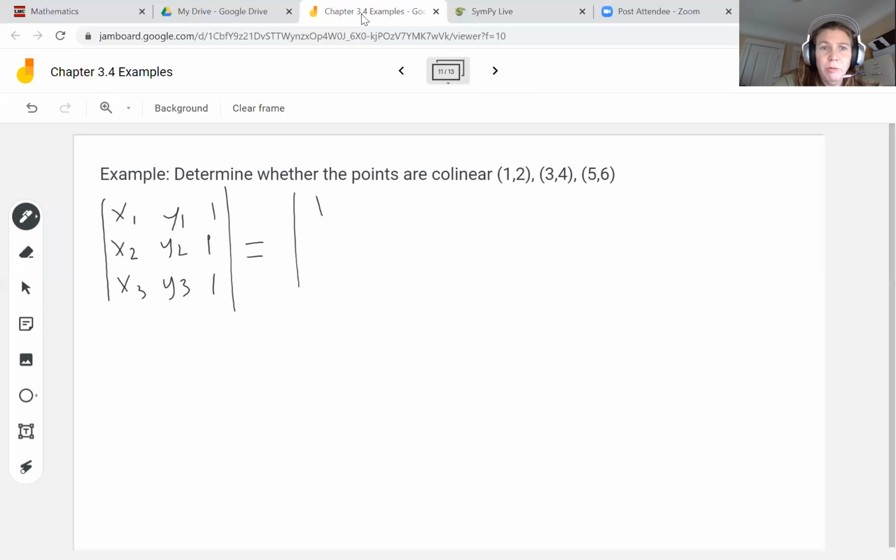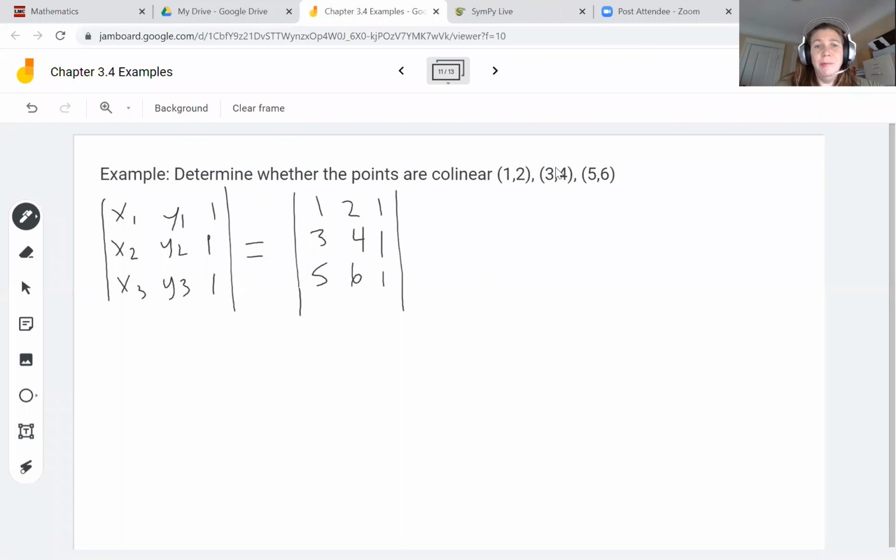So our values are going to be 1, 2, 1, 3, 4, 1, 5, 6, 1. And you might be thinking, well, 1, 2, 3, 4, 5, 6. If you visualize that, that's probably on the same line if you think about the slope change there. Every time you increase x by 2, y is also increasing by 2.